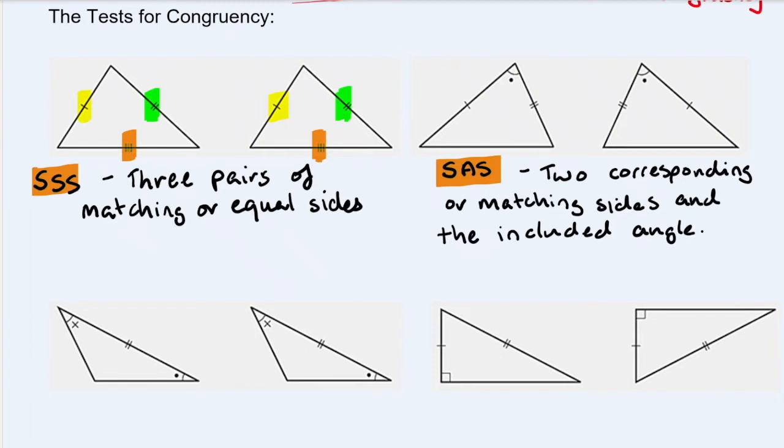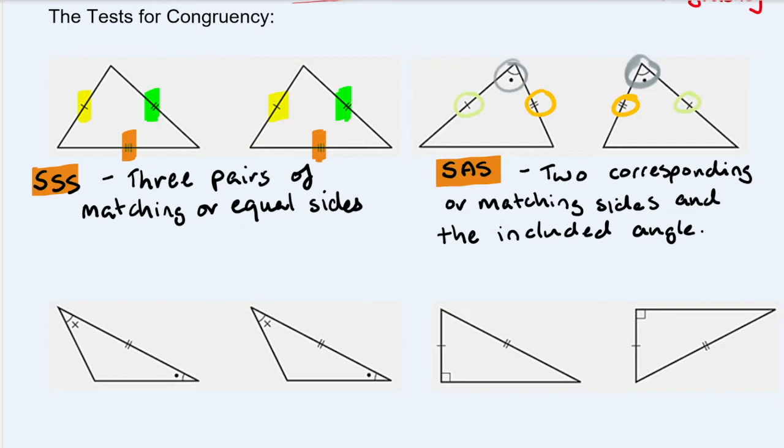You can see in that diagram that the angle they actually make is here, and then we have our matching sides here and here. So you can see the angle is made by those 2 different sides.